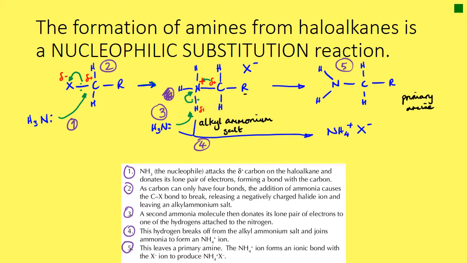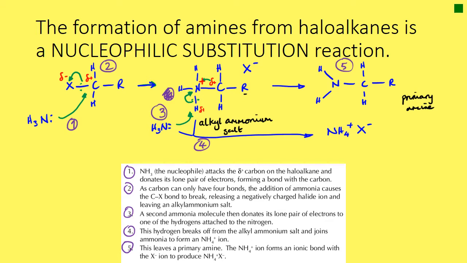And so what's going to happen now is, and this happens instantaneously, the halogen takes both of the bonding electrons in its covalent bond with the carbon. It takes those electrons away with it, right? And the ammonia molecule takes the place of the halogen in that substitution reaction.